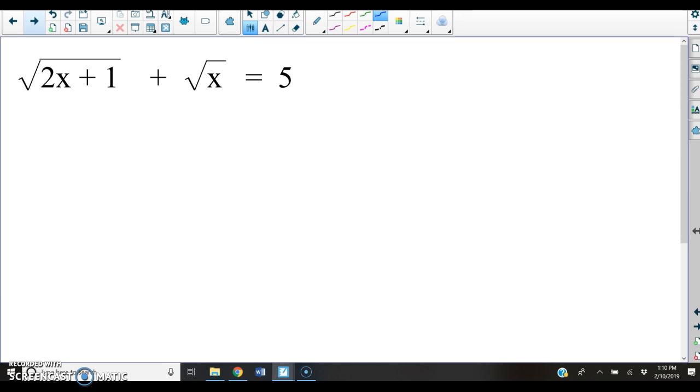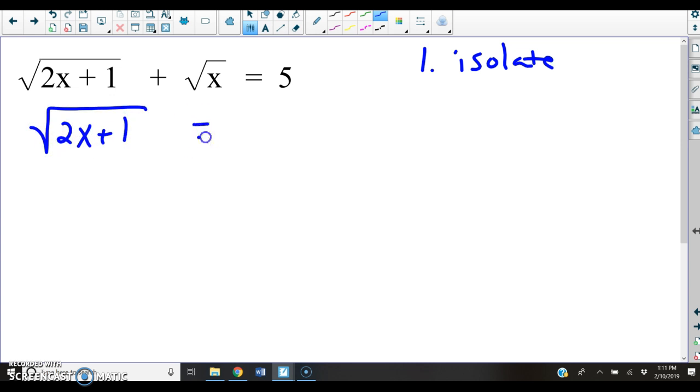All right, so when we look back at step 1 to isolate the radical, there's 2 of them. And if we tried to square right now, that middle term would be a mess. So we're not going to until we isolate one of them. Isolate the messy one. Square root of 2x plus 1 is a lot worse than the square root of x.